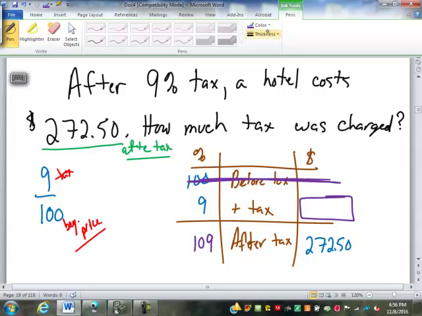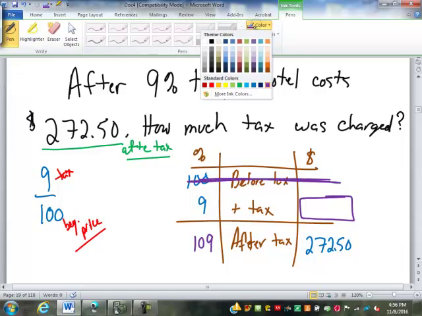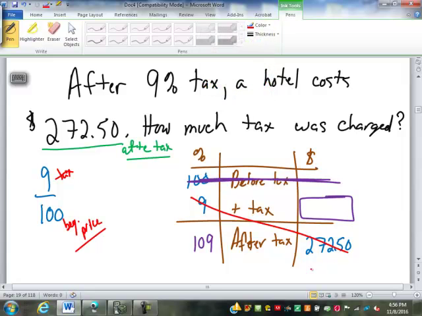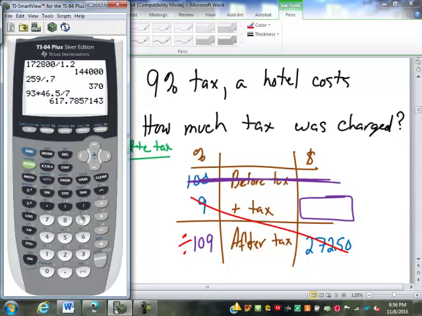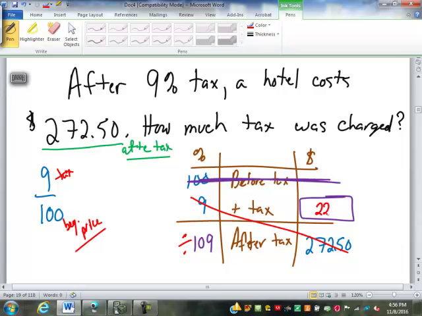So I don't need the top row. So I can cross multiply and divide right in here. 9 times 272.50 divided by 109 gives us $22.50 in tax. What do you think?